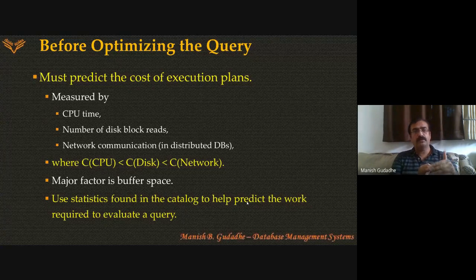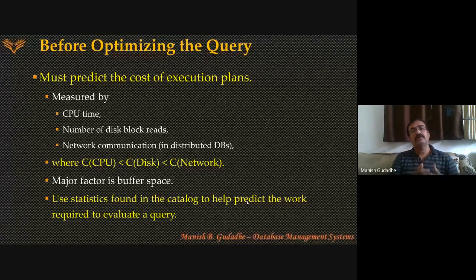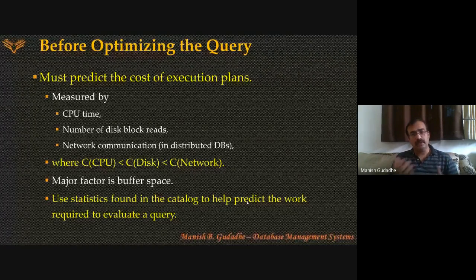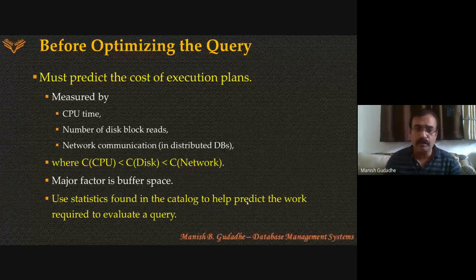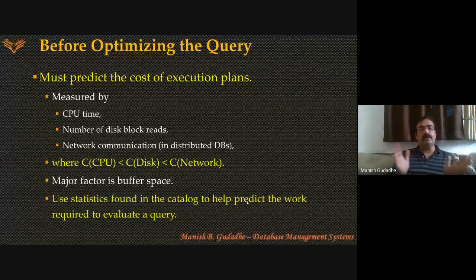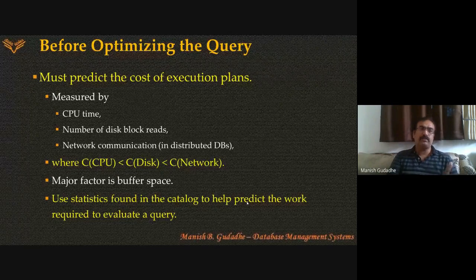So we need to save the CPU time, we need to save the number of blocks read by saving the buffer space and the reading values, and also the network cost in the case of distributed systems. So use statistics found in the catalog to help predict the work required to evaluate the query. That's why we maintain metadata or statistical data about the data.